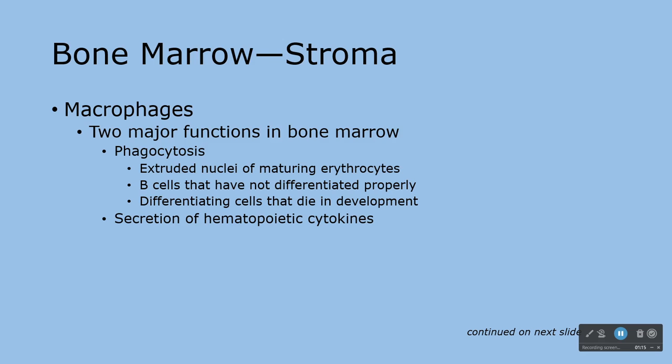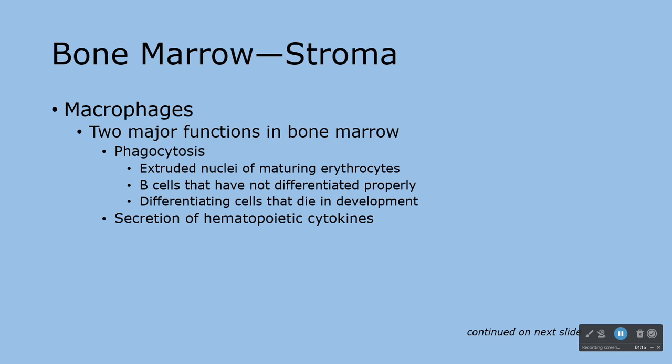Red blood cells. So remember the very first day of class, I talked about red blood cells, erythrocytes. They don't have a nucleus, right? So the ones that are flowing in your peripheral blood don't have a nucleus. But when they're in the bone marrow, they have a nucleus. So eventually, before they get kicked out of the bone marrow and egress into the vessels, they have to expel that nucleus for them to do their job, okay?